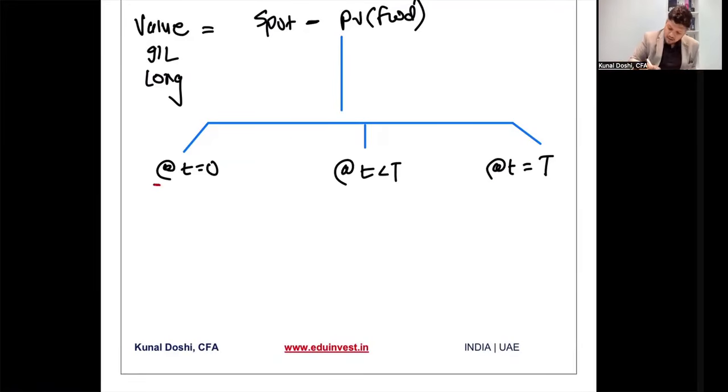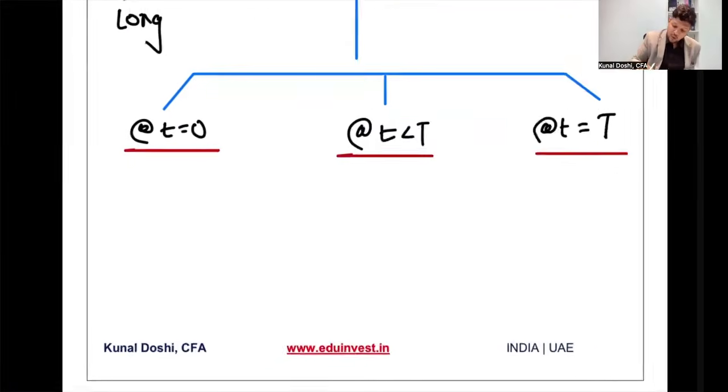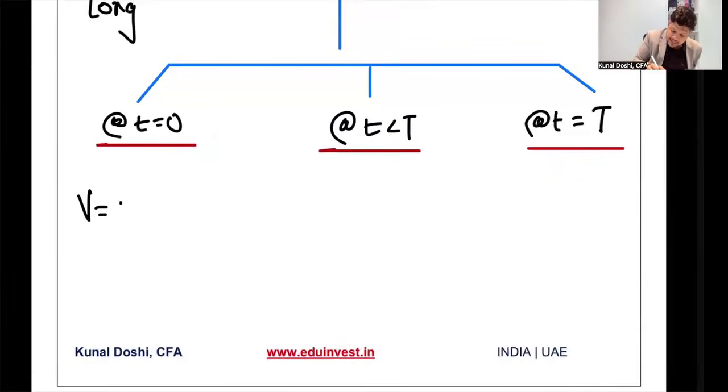Now, very important, value means the difference between the long and short price, correct? So the long has booked a forward contract, and whenever the long will square off the contract, on that day, what is the spot price? At inception, the spot minus the present value of forward.